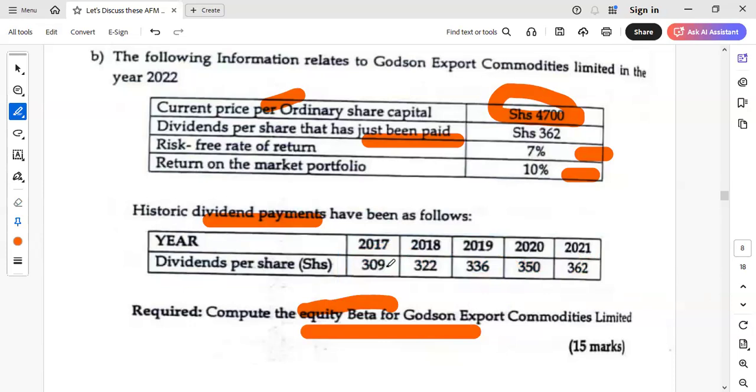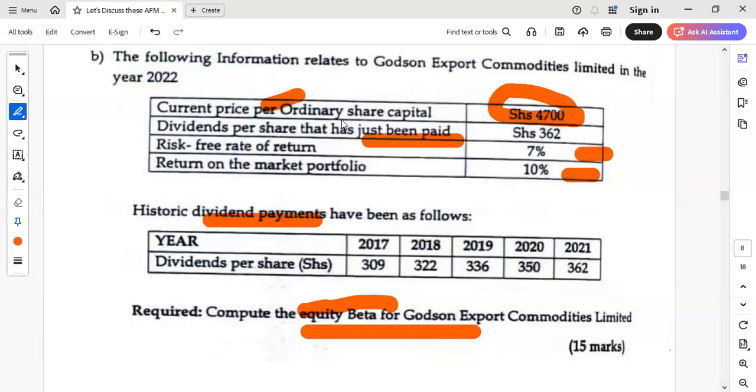Because the dividend is not constant, it means that there is growth in dividend, and we must determine that G.